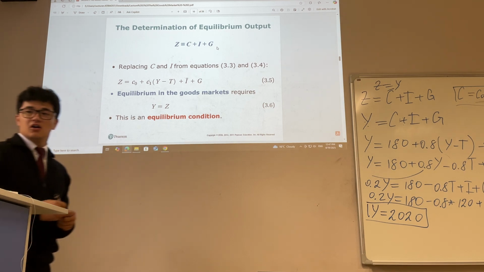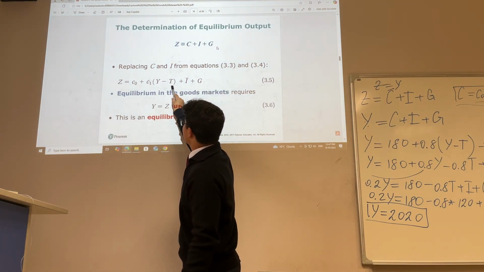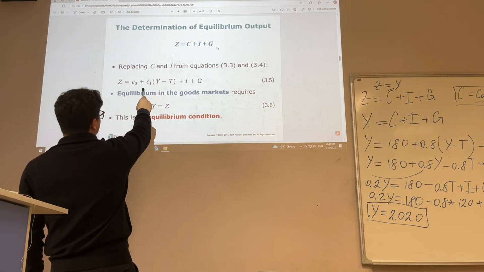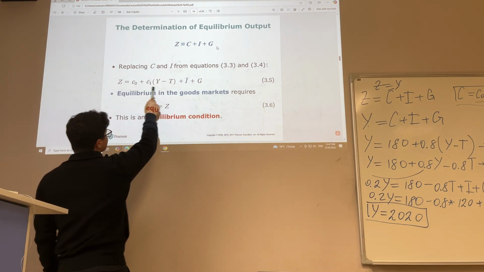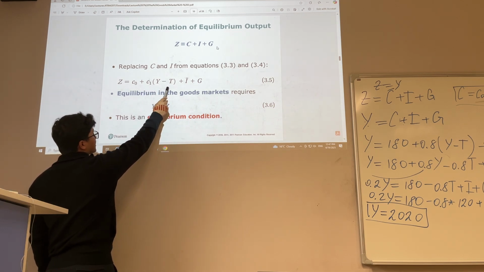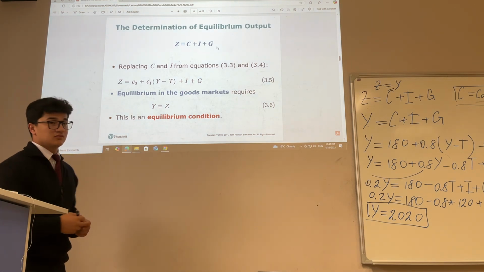So guys, again, they're just changing our consumption. Here is the consumption formula, and that's our slope, and that's our disposable income. They're just plugging one formula into another.